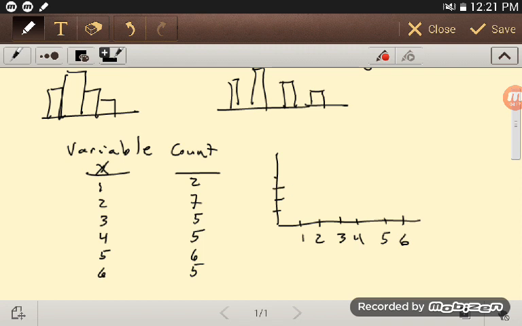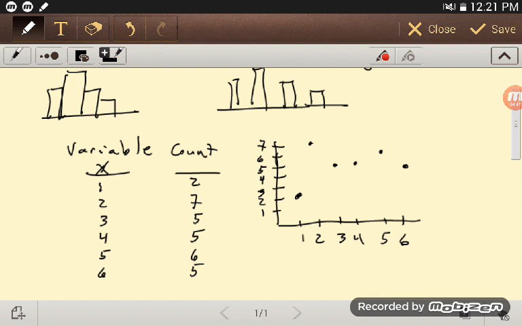So 1 up to 7. I had 2 1s, 7 2s, 5 3s, 5 4s, 6 5s, and 5 6s.